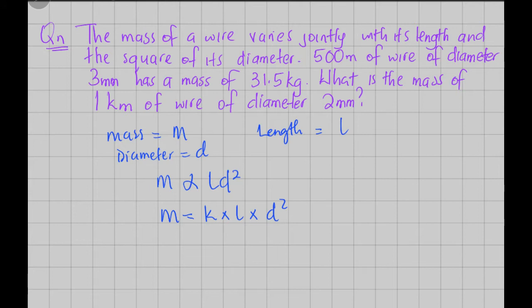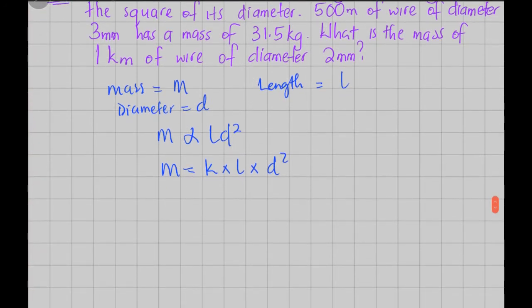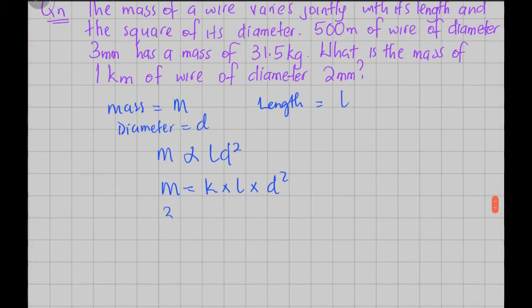And we are given that 500 meters of the wire of diameter 3 millimeters has a mass of 31.5 kilograms. So the mass is 31.5, K times length. Our length is 500 meters times our diameter, 3 millimeters, so 3 squared.